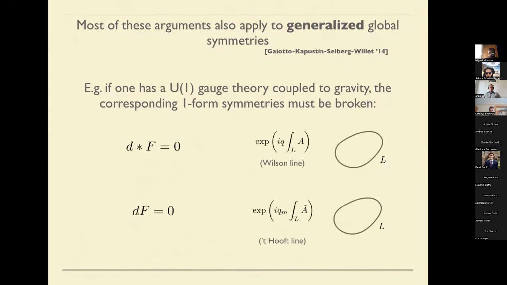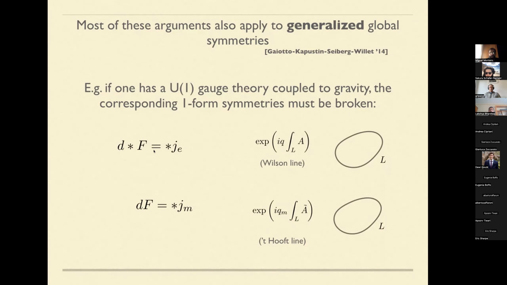The charge operators under these one-form symmetries are Wilson lines and 't Hooft lines. You can think of them as the world lines of very massive electrically charged particles or monopoles in the theory. And since we believe there are no global symmetries in quantum gravity, the actual conservation laws cannot be exact.